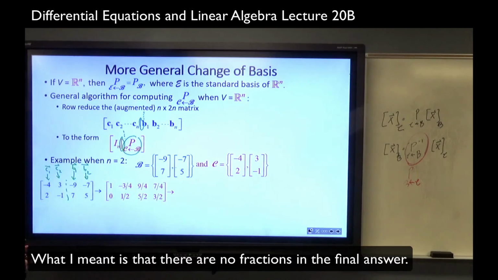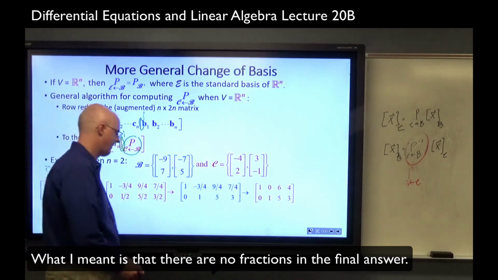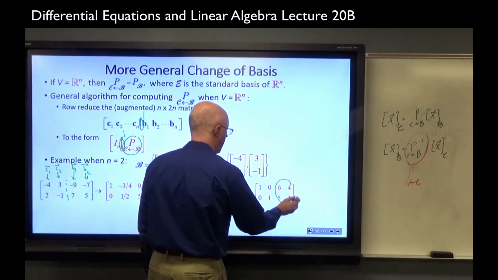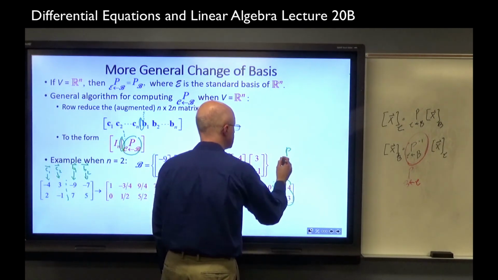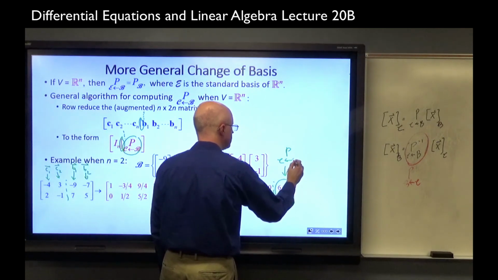I guess I did 2 steps. I first multiplied row 1 by -1/4. And then I did a row replacement operation to get a 0 underneath that leading one. Multiply row 2 by 2, and then get a 0 up there. These next 2 steps. And there is the P matrix, the change of coordinates matrix from B back to C.